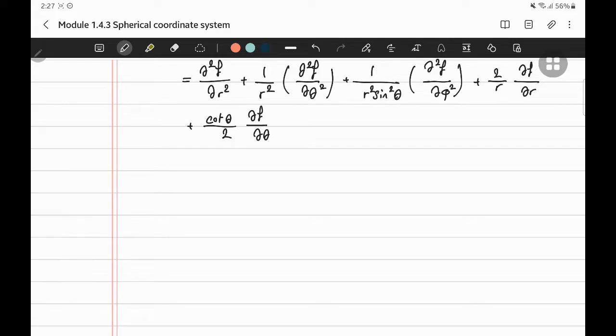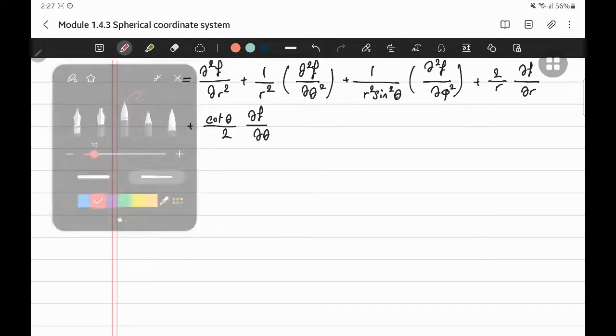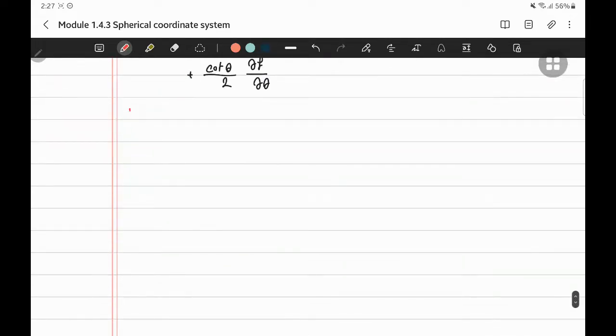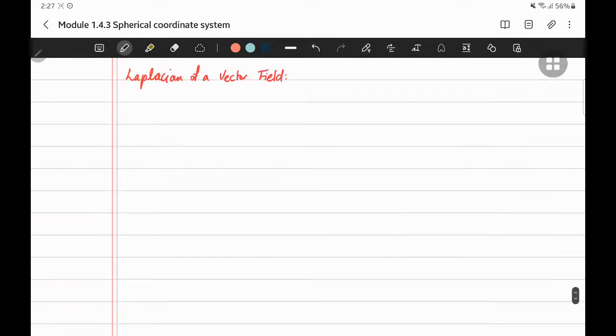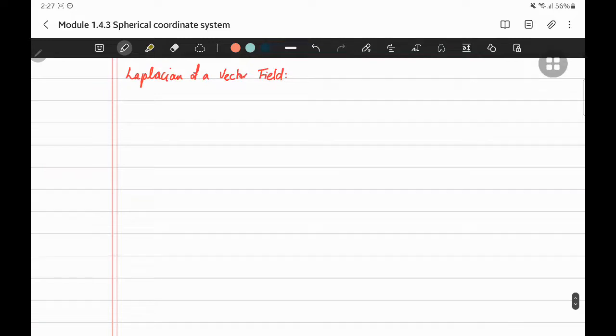Alright, so next we have the Laplacian of a vector field. So here we have the del squared v for this vector v here.